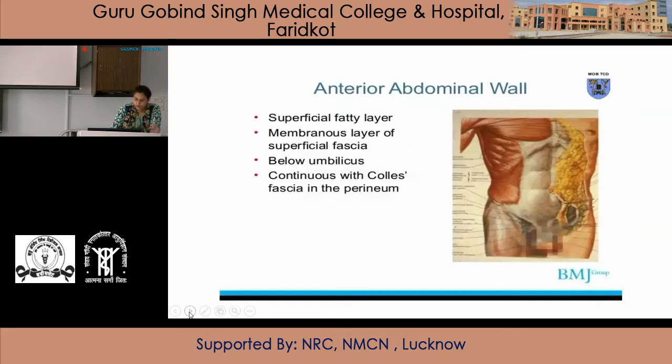The superficial fatty layer is continuous with the fat of other parts of the body, and in the penis it is continuous with the dartos muscle. And the membranous layer of the superficial fascia, below the umbilicus, is continuous with Colles' fascia in the perineum.